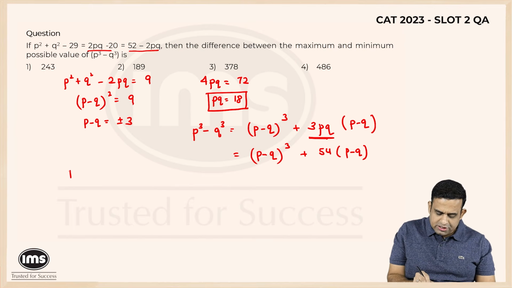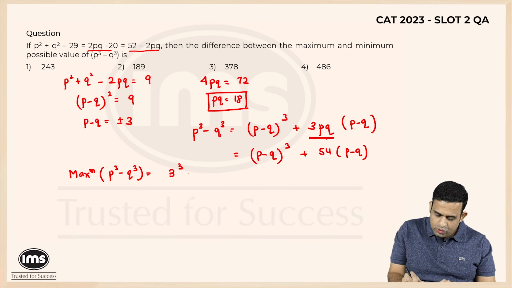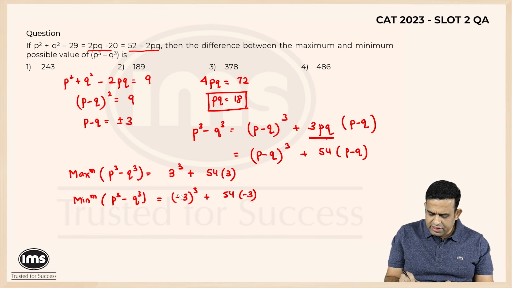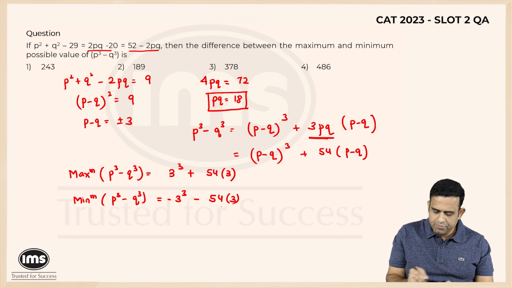If I want the max value of p cube minus q cube, in that case we will take p minus q as 3. That will give you 3 cube plus 54 into 3. In case I want the minimum value of p cube minus q cube, that would be equal to minus 3 cube plus 54 into negative 3. And if I simplify this, it will become minus 3 cube minus 54 into 3.